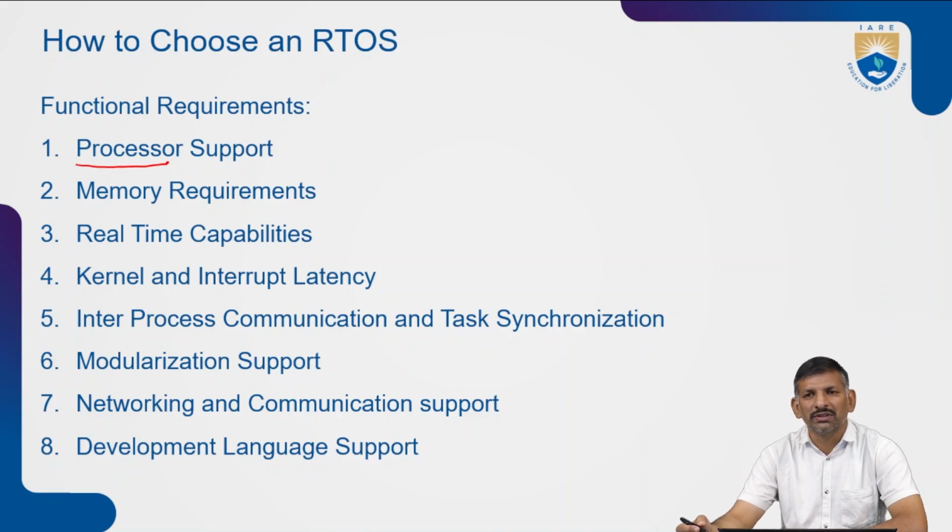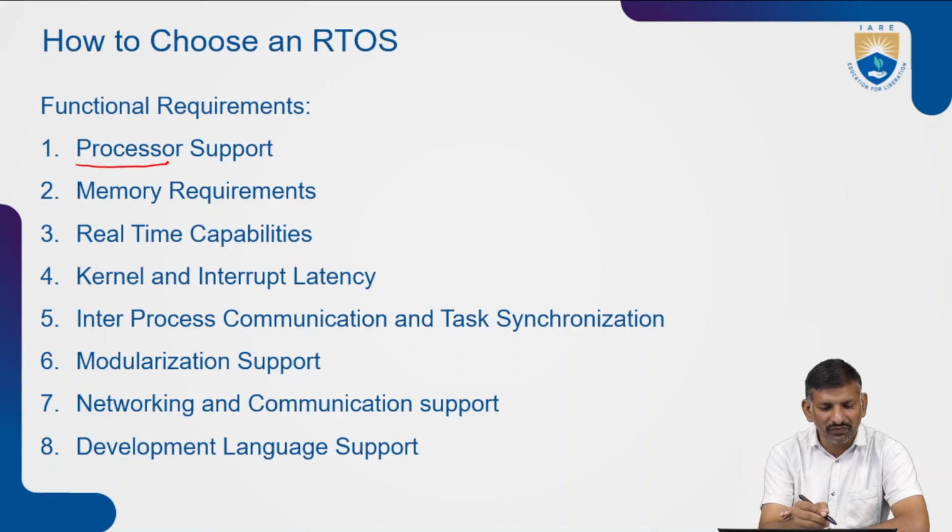Whether it is a Core i3 processor, A15 chip, Qualcomm Snapdragon 695, TM4C123GH6PM, whatever the processing element we are choosing in our embedded system, is it supported by the corresponding operating system or not? That is the first functional requirement.